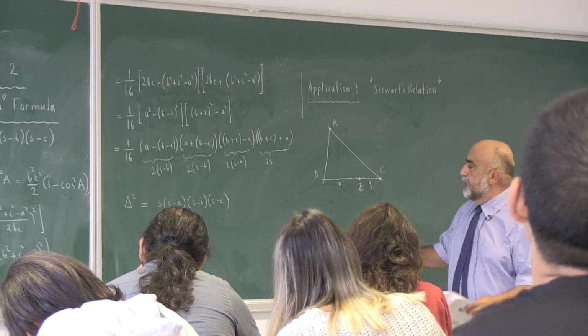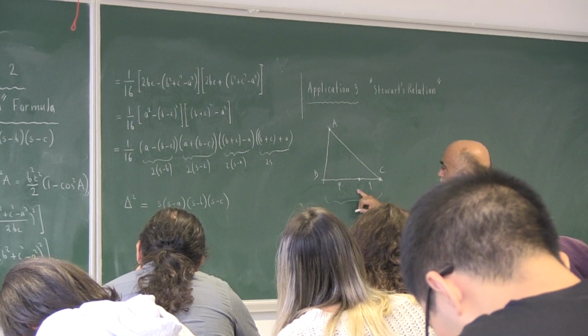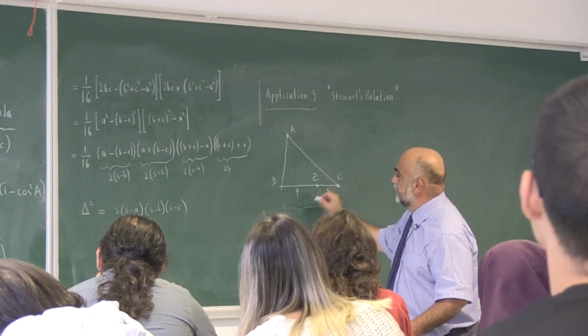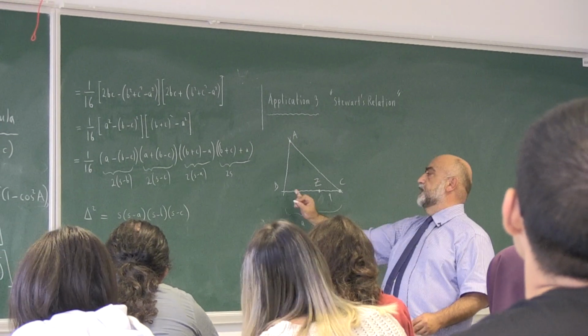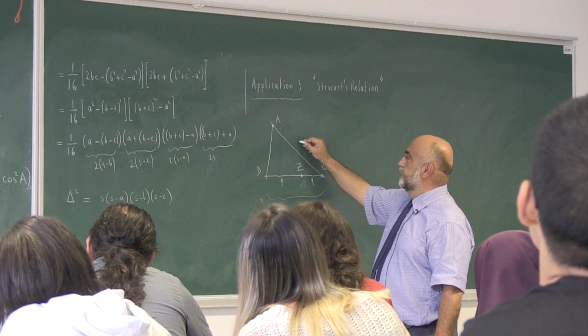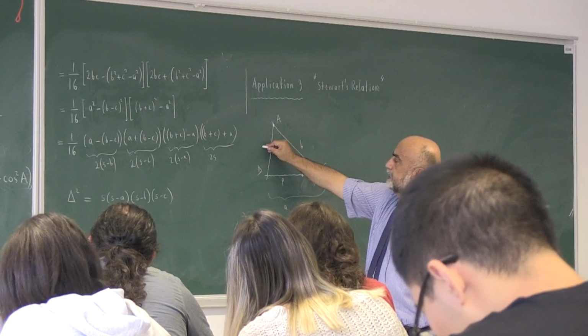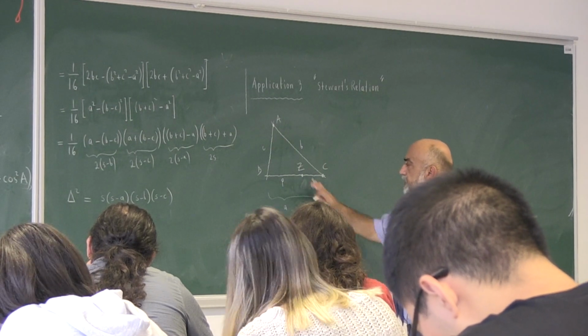P and Q add up to give the side length a, which is the length of the line segment BC, and of course the line segment CA has length b, and the line segment AB has length c. That's the usual stuff.